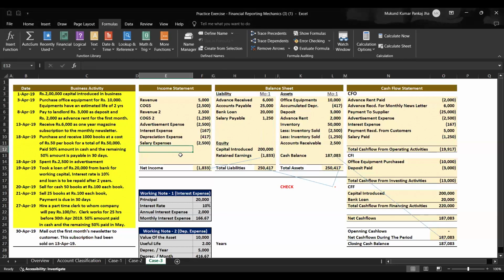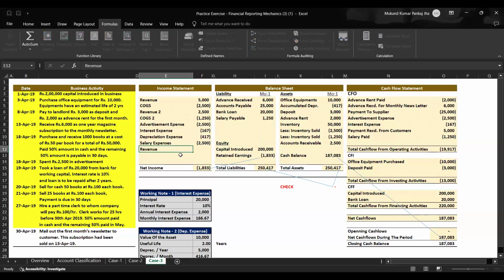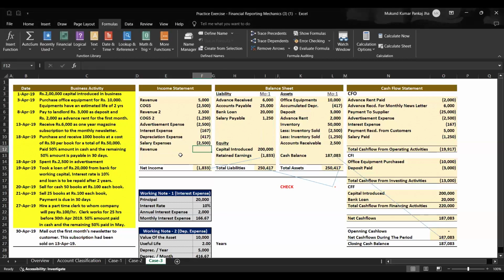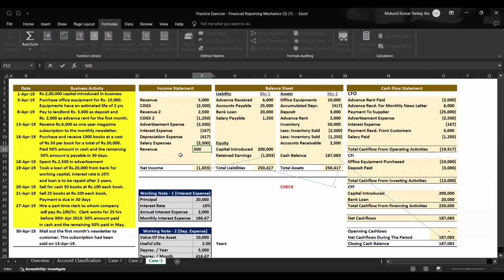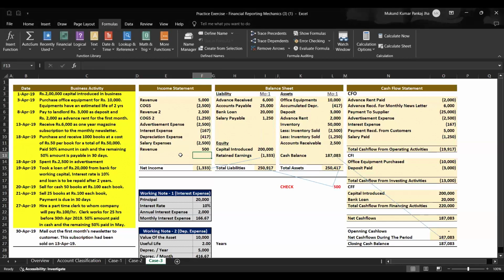Since I have mailed 1 month of newsletter, I can record that as my revenue, because now it's sold. If he asks me for his money back, he can't ask me for 6,000 now. What he is going to ask me is 5,500 only.